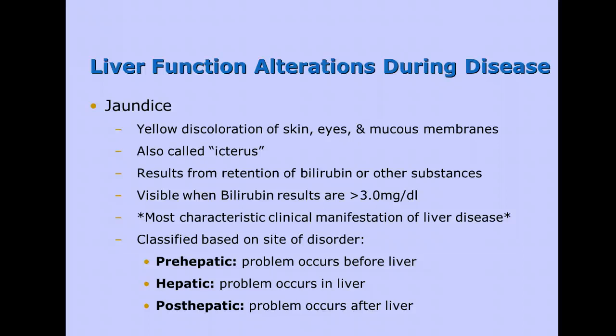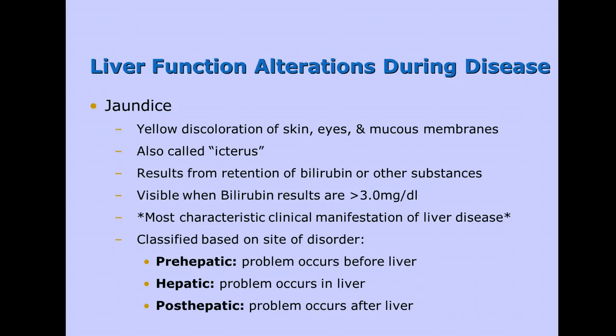We have a couple different classifications with this. We have prehepatic jaundice, hepatic jaundice, and posthepatic jaundice. It's very important to know the difference between these. Prehepatic jaundice is usually when there's a problem that occurs before the liver, such as excessive cell breakdown. Hepatic means that there's a problem occurring in the liver.